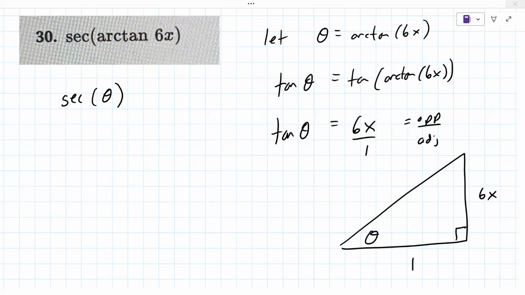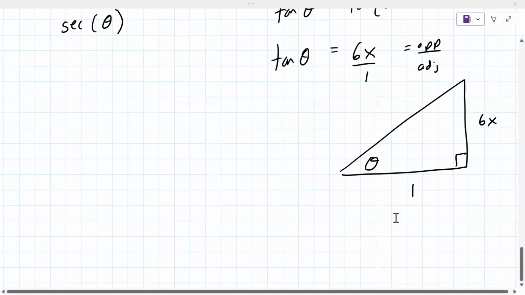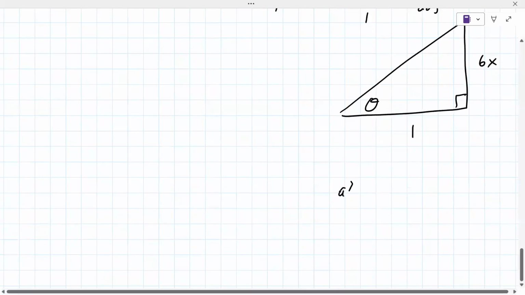We would just solve it like normal, a squared plus b squared equals c squared for the hypotenuse, right? So wouldn't it just be 6x squared plus 1? Well, 1 squared, but it's just 1.